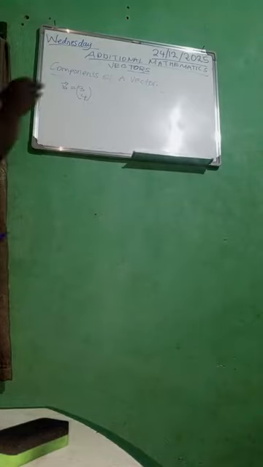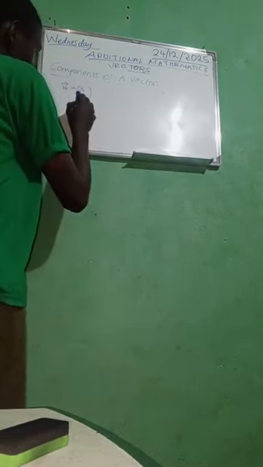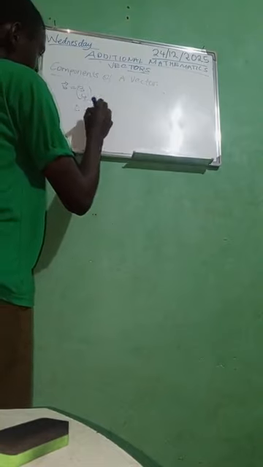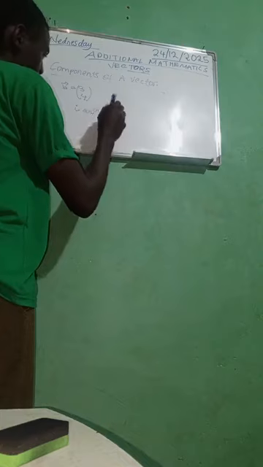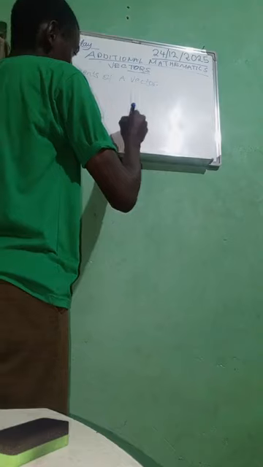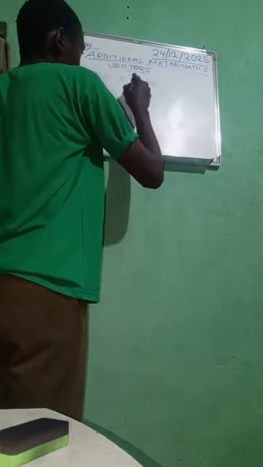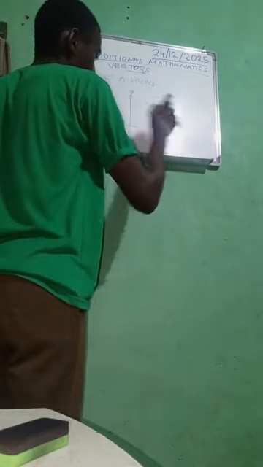Now, when we talk about components of a vector, we want to bring you to the I and the J. So the I and J format. We can have our x-axis like this, and then our y-axis like that, making our x-y plane.